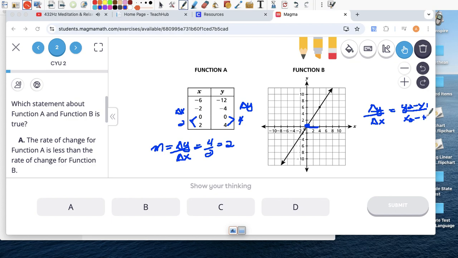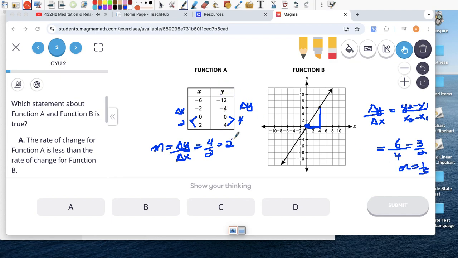But when we have a graph, we can sort of cheat and just count the units, right? So the difference in x value is 4, and the difference in y values up and down is 6, because each unit is 6. Be careful how you count. So it becomes 3/2 or 1.5.